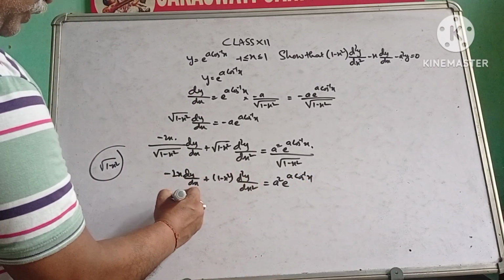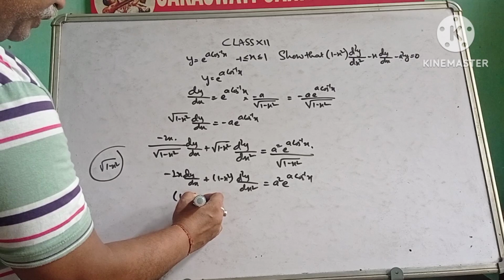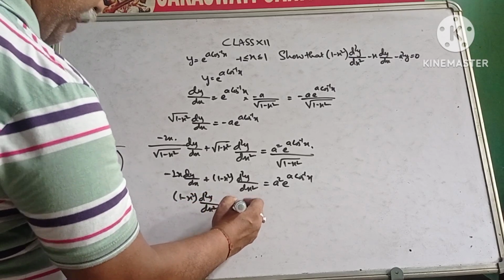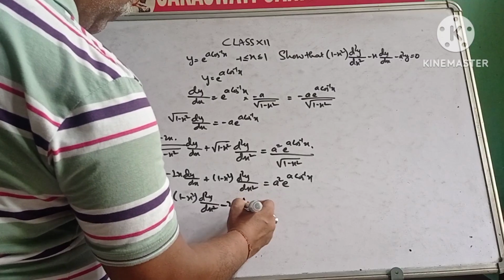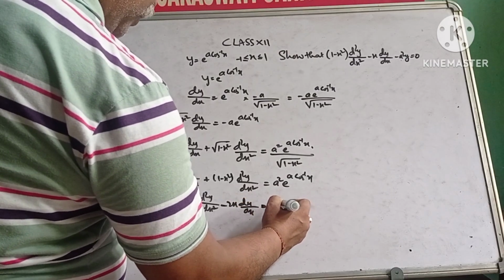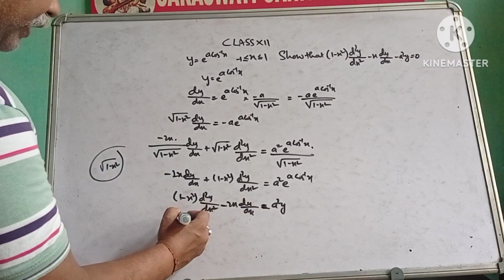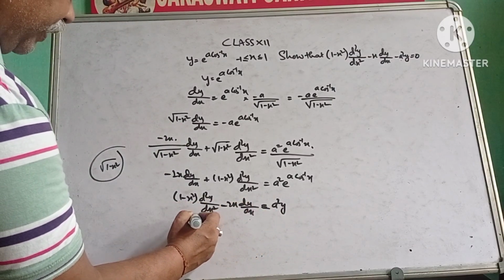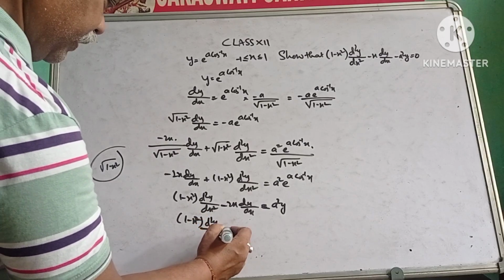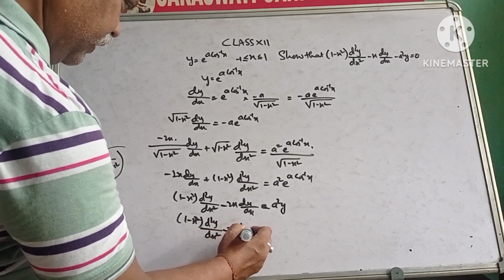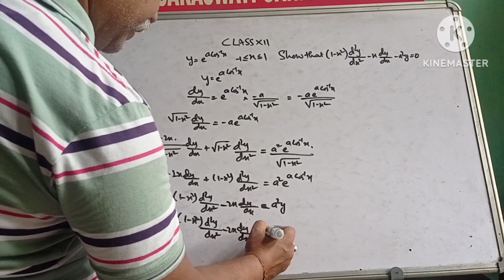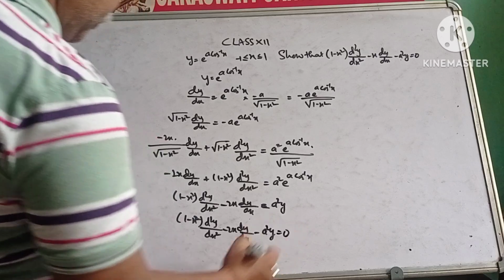So now this is 1 minus x square d2y by dx square minus x dy by dx, and this will be equal to a square y. So 1 minus x square d2y by dx square minus x dy by dx minus a square y is equal to 0.